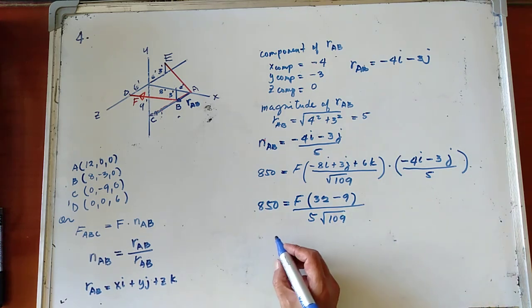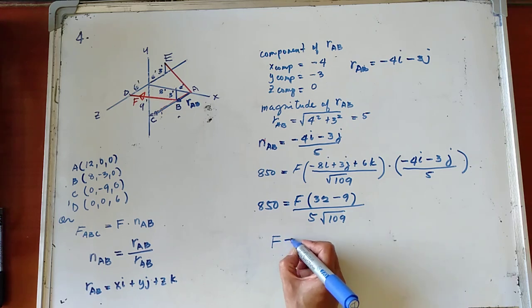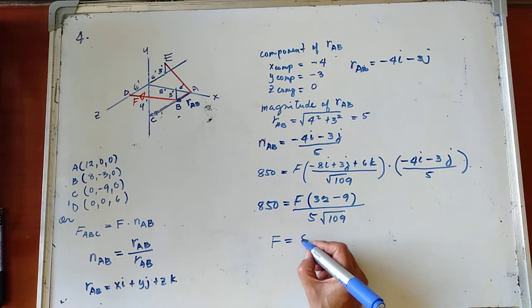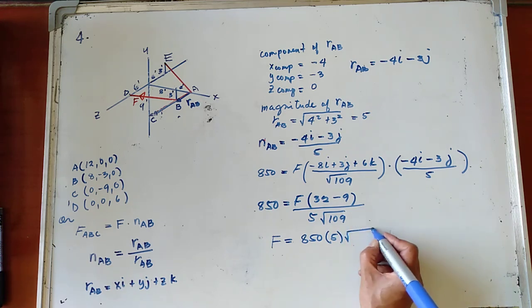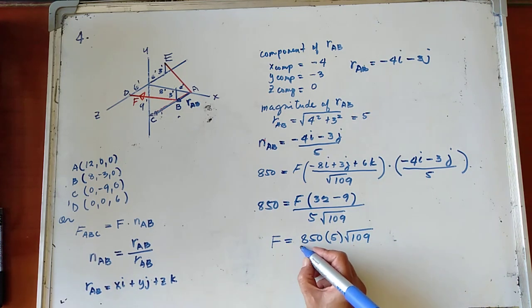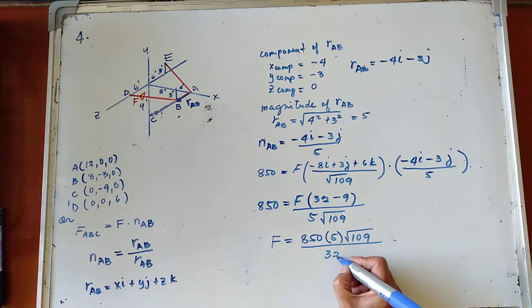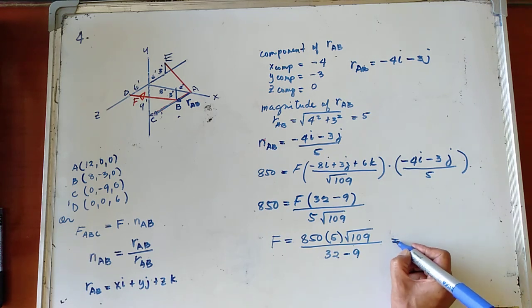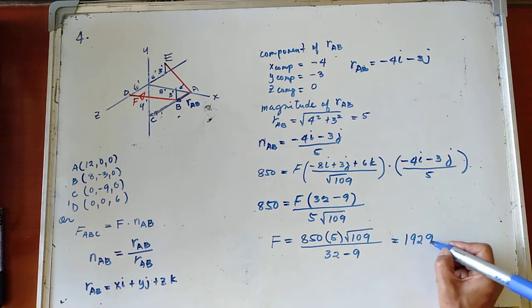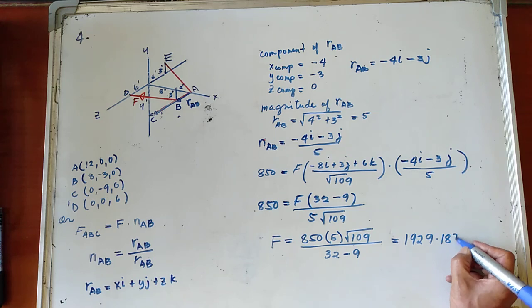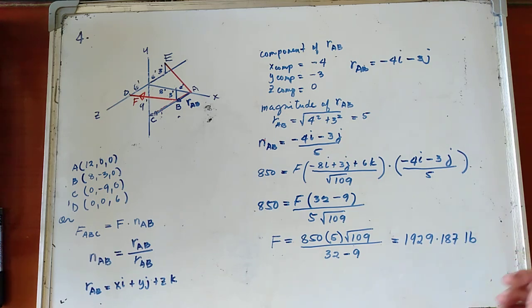So in this case, the magnitude of the vector F is now equal to 850 multiplied by 5 the square root of 109 all over 32 minus 9, and that one is now equal to 1929.187 pounds. So that is therefore the magnitude of the vector F directed from B to D.